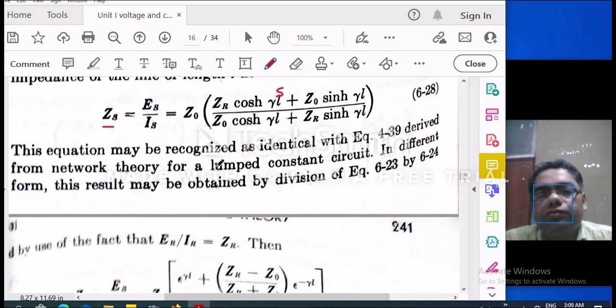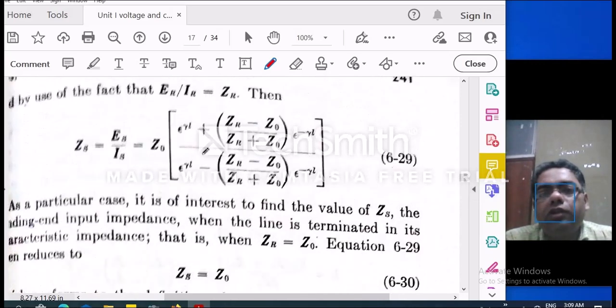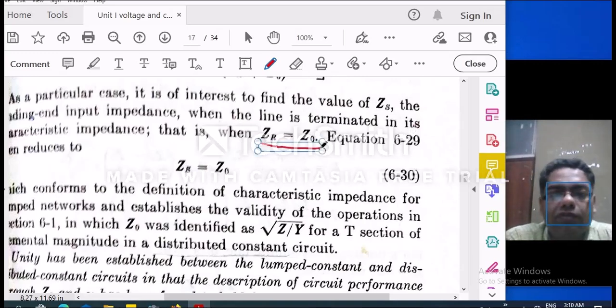Now, another thing that we have to keep in mind is, suppose the value of the load is equal to the characteristic impedance of the line Z0, which I have already explained before.